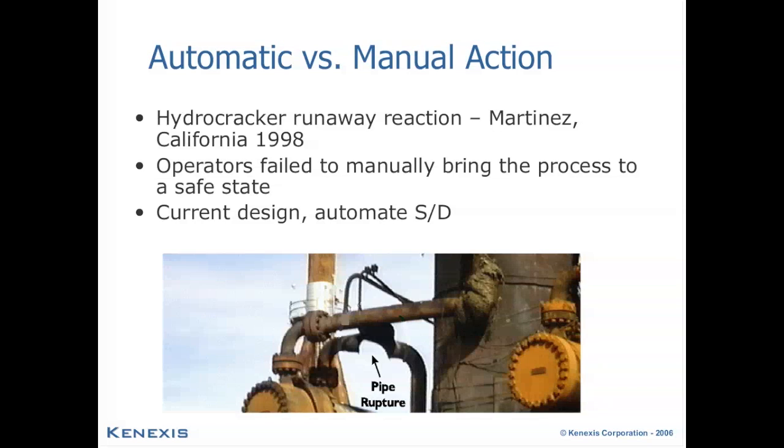Another case occurred in 1998 in the refining industry in Martinez, California, when a process involving a hydrocracker had a runaway reaction. In this case, there were many sensors in the process that were able to detect an out-of-control process condition, but there was no system automatically configured to shut the process down. In fact, it relied exclusively on manual action to shut the process down.